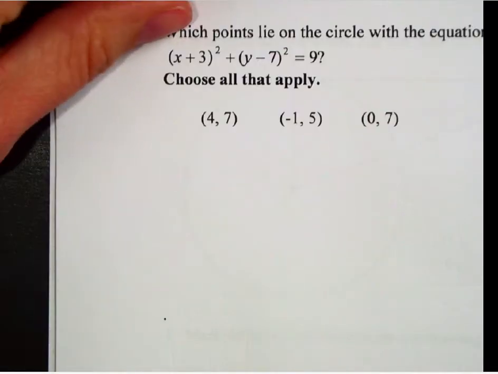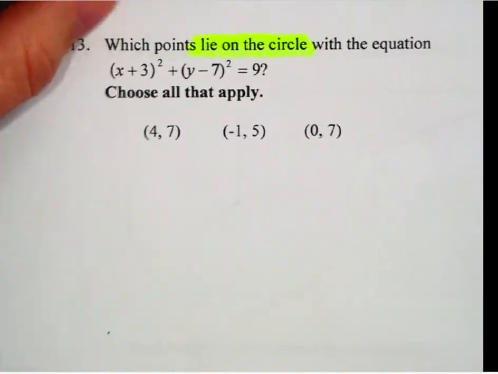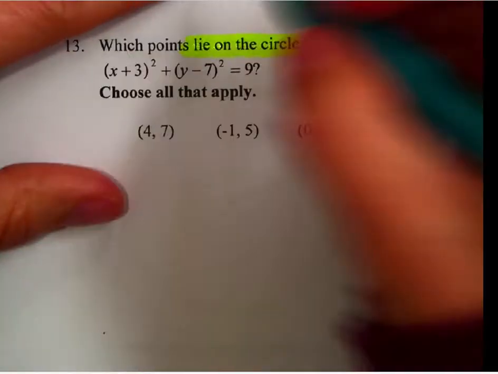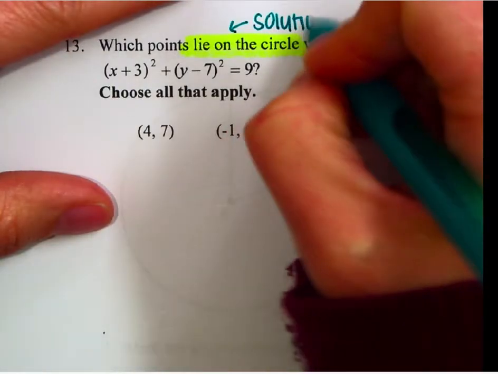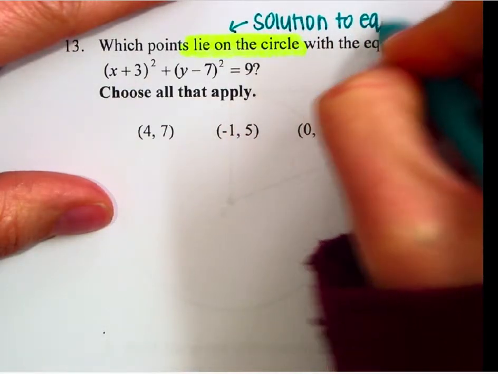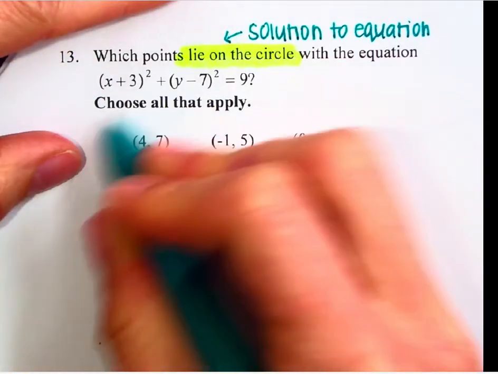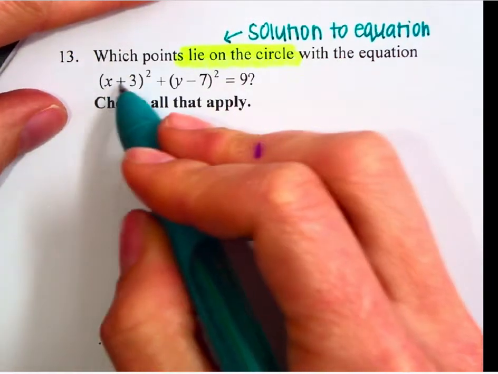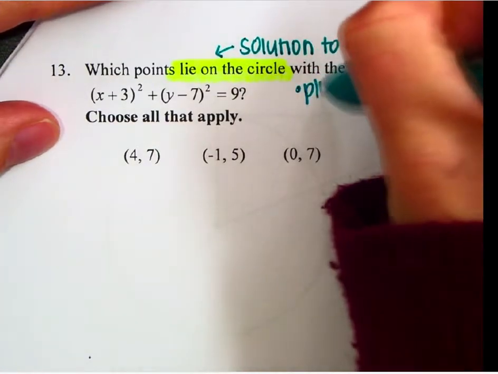Okay, number 13, which points lie on the circle? So if a point lies on the circle, then it means that it is a solution to the equation. In order to figure out if this ordered pair, let's say this first one here, is a solution to the equation, we will plug in.